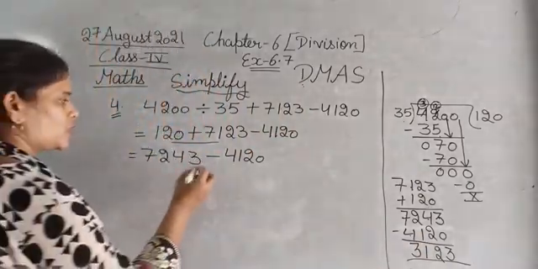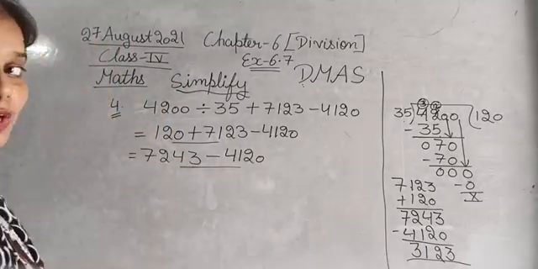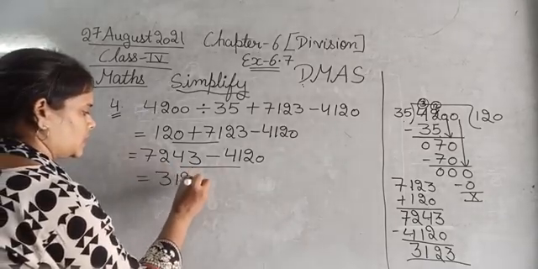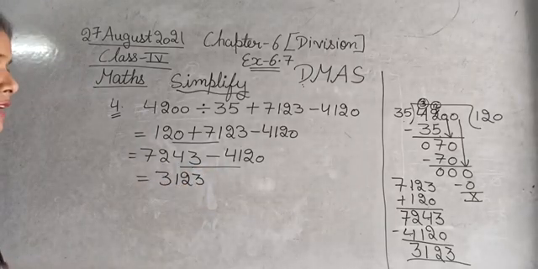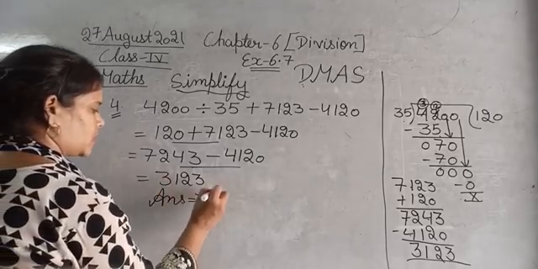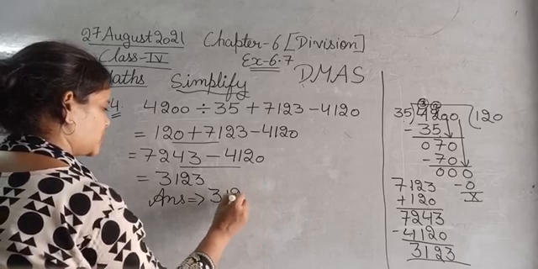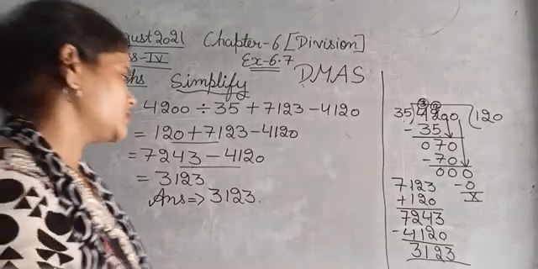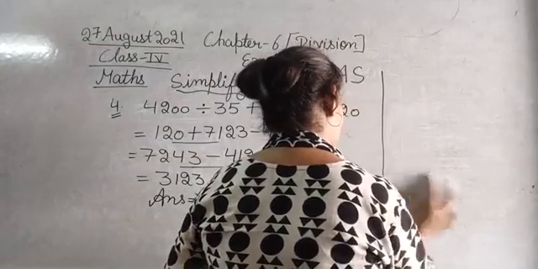So 7243 minus 4120, we got 3123. So this is what we got after subtracting. The answer is 3123.